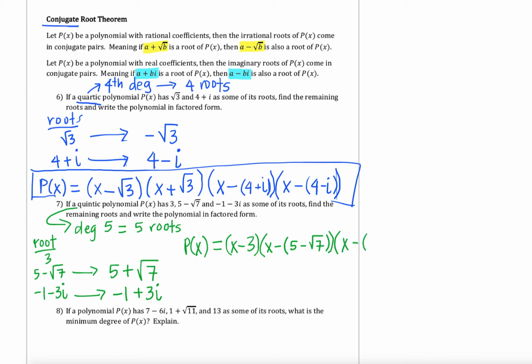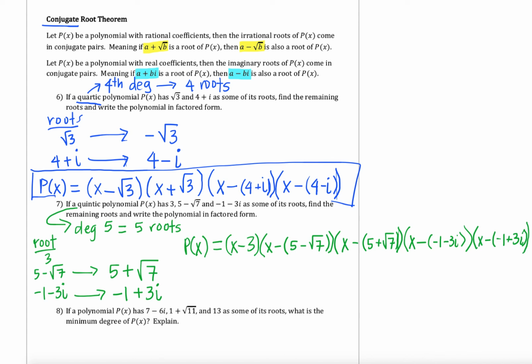So we get x minus, then in parentheses, 5 plus the square root of 7. And then for our last 2, we have x minus the -1 minus 3i in parentheses. And our last one would be x minus the -1 plus 3i in parentheses again.